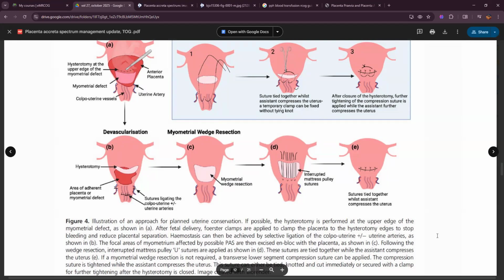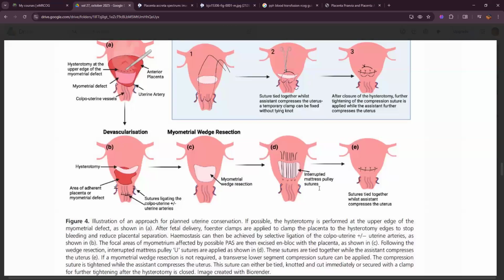Excellent. With absorbable suture, mostly Vicryl. Okay, a big one, size 1. Here we are not going to do this. Here we are going to use an interrupted mattress pulley suture. We call it so because it's one of the strongest types of suturing ever.